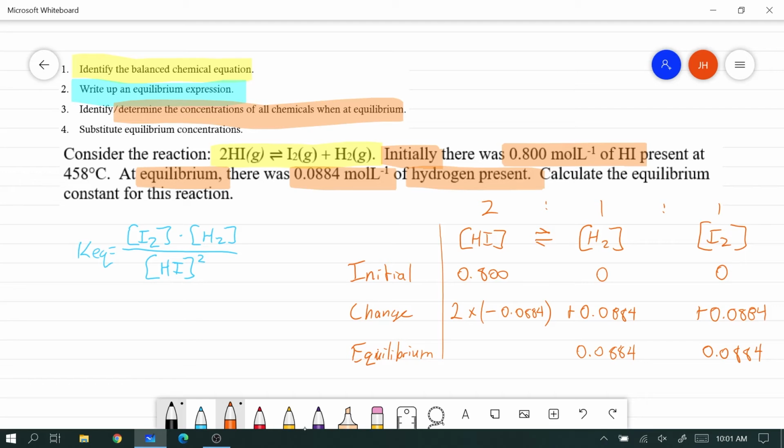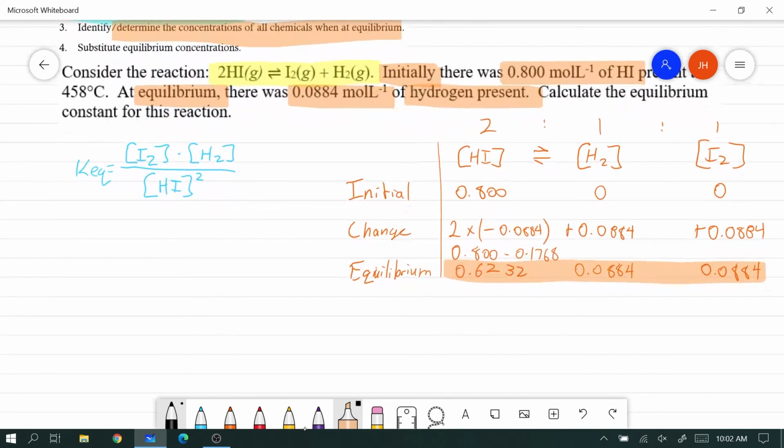So doing the math really quickly, 0.800 minus 0.1768 is equal to 0.6232 moles per liter. So with this information down the bottom, we have all of our equilibrium concentrations, and they can be substituted into our equilibrium expression.